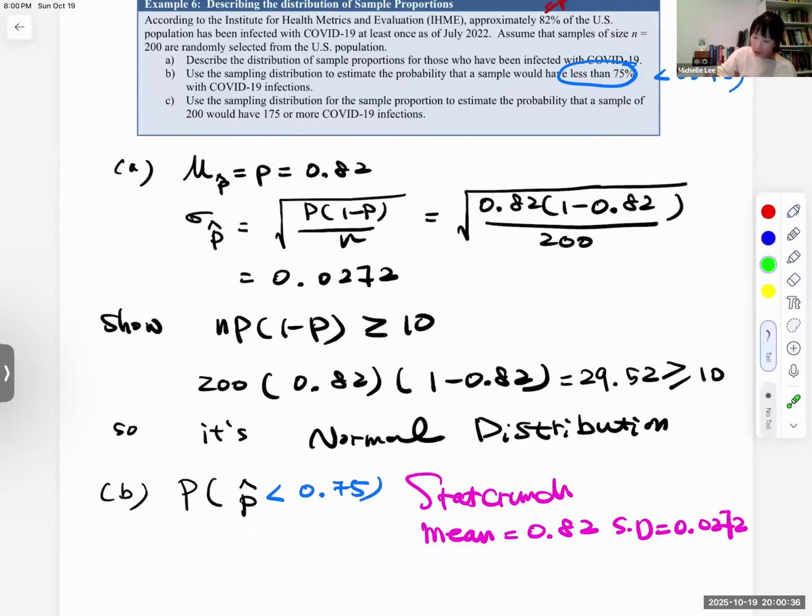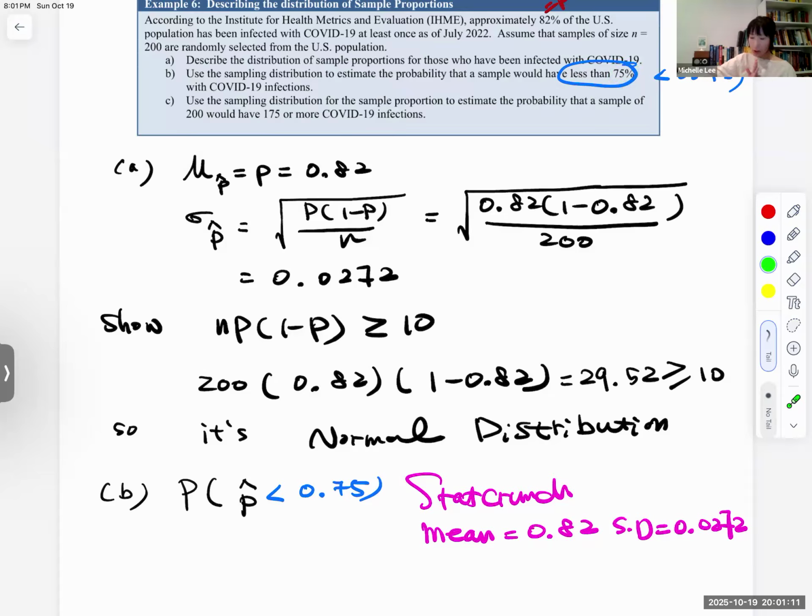Okay? All right. Now, the third one is a little bit different. I'm going to read: use the sampling distribution for the sample proportion to estimate the probability that a sample of 200 would have 175 or more COVID-19 infections. Look, in part B the 75% is given.